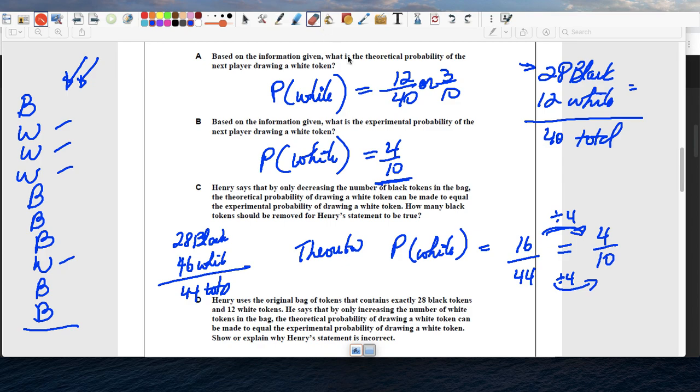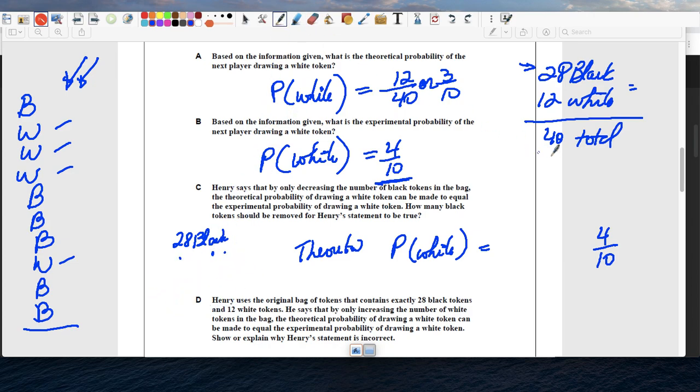Now, what if I added, I don't know, instead of 4, let's say I added 8. If I added 8, I would have 20 white. So the probability would be 20, and the total, because I added 8, is now 48.